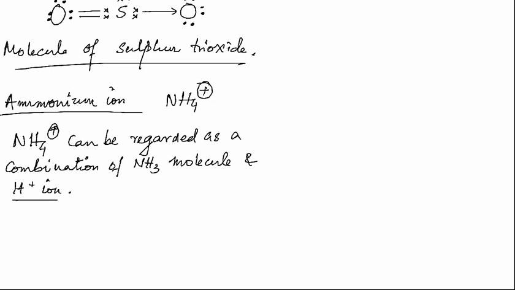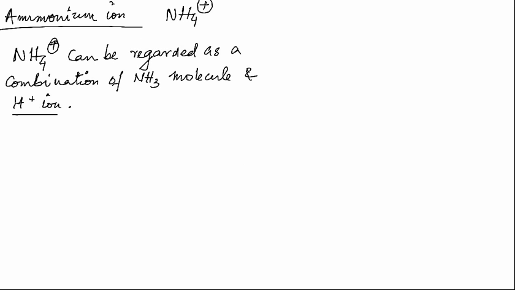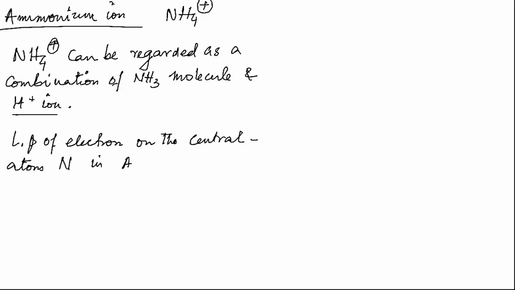In the ammonia molecule, the 3 hydrogen atoms are linked to the nitrogen atom by covalent bonds. We all know that ammonia has a pyramidal shape, as we have already discussed. Now, there is a lone pair of electrons on the central atom nitrogen in the ammonia molecule. This lone pair of electrons is donated to the H plus ion, and thus there is the formation of an N-H coordinate bond, and the formation of the NH4 plus ion can be explained.